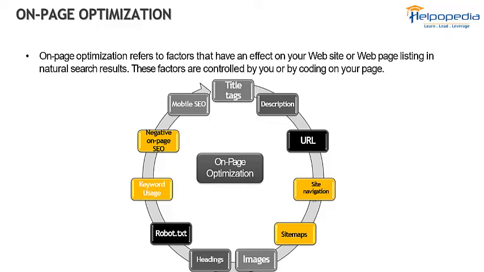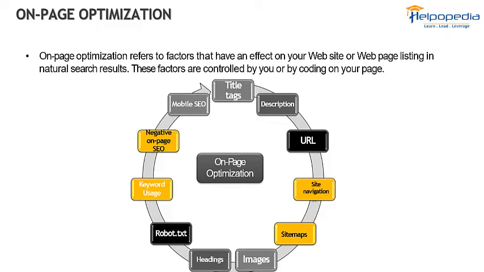Then the next thing is negative on page SEO. Negative on page SEO is used if I want some results in search engine to be excluded. Say I want to search for digital marketing courses in Mumbai minus Dadar. In that case, I will see all the digital marketing institutes in Mumbai, and it will remove all the listings from Dadar.